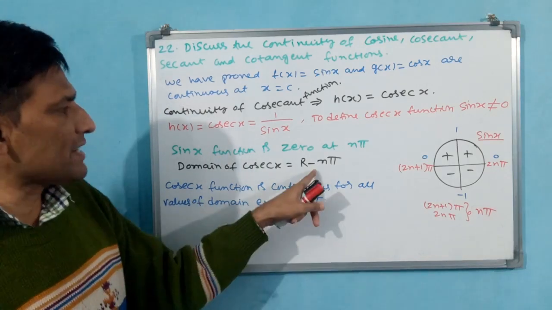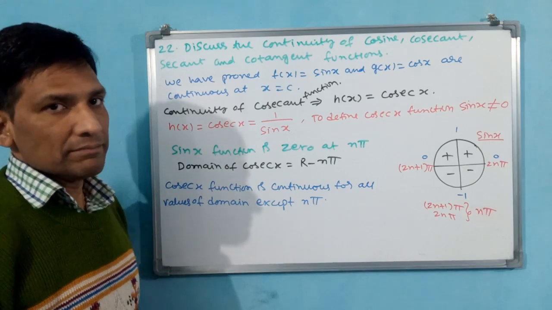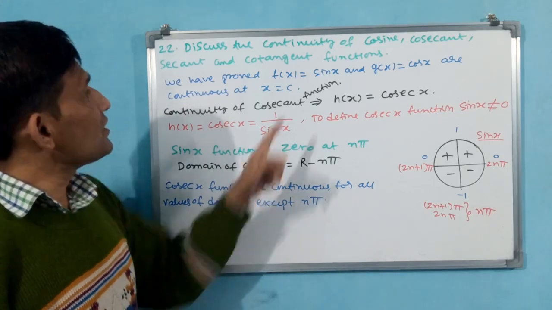Except n pi means you have to take R minus n pi. This is the case for cosecant.